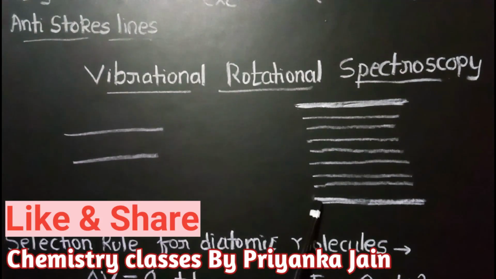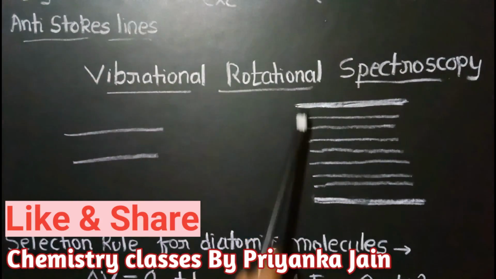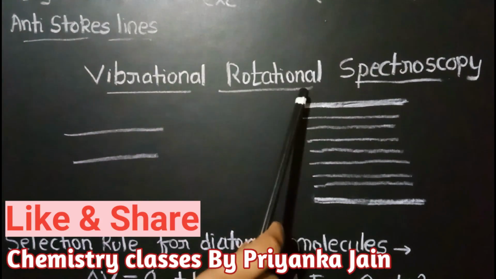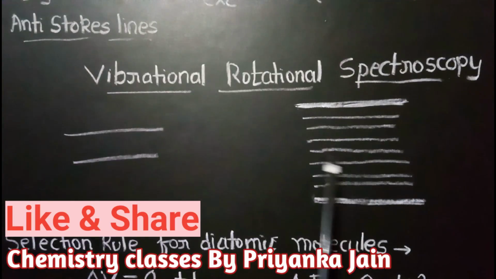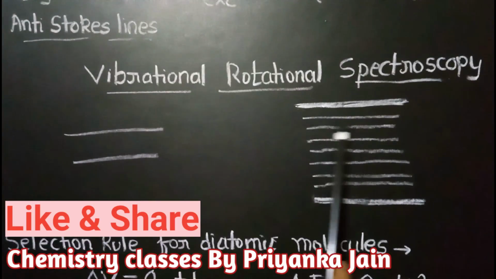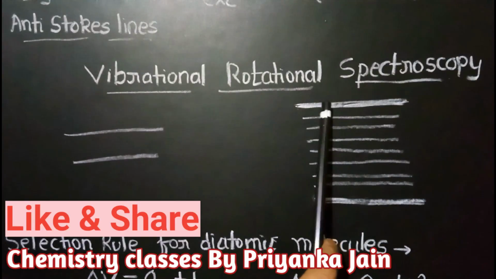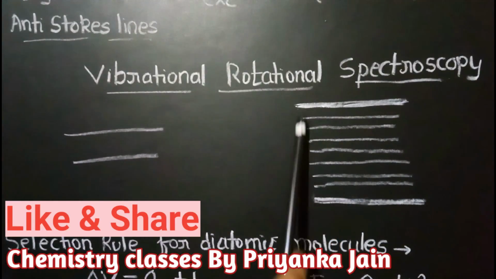So these are two vibrational levels, which we have marked by the dark lines. We can see that the gap between them is very large, and in between these two vibrational levels there are several closely spaced levels. These are the rotational energy levels, present between the two successive vibrational levels.